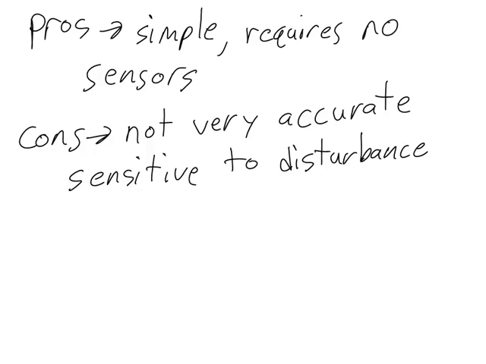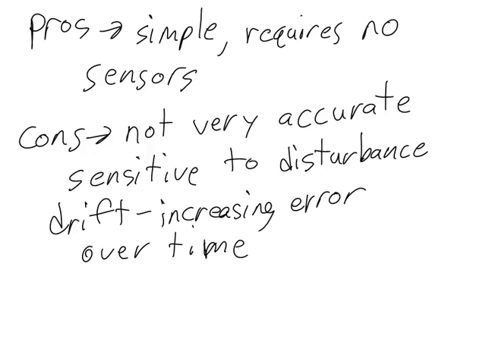A related drawback to open loop position control is something called drift, which means that the positioning error can increase over time. This drawback is very similar to the sensitive to disturbance drawback to open loop position control.